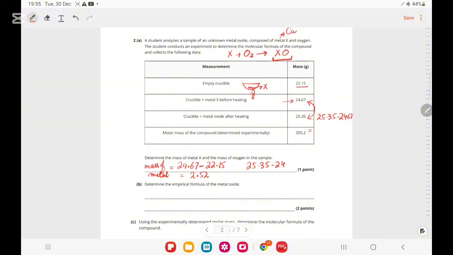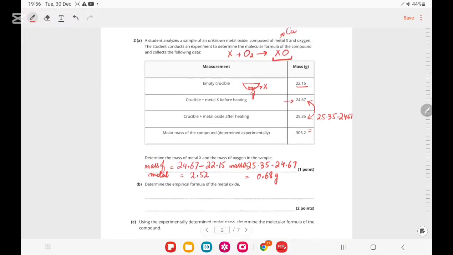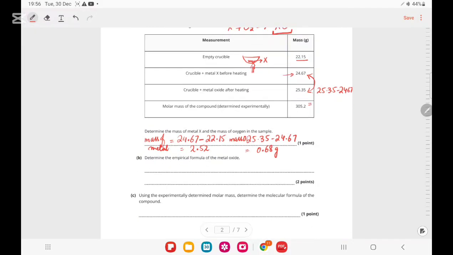That is the mass of oxygen, and it comes out to be 0.68 grams.